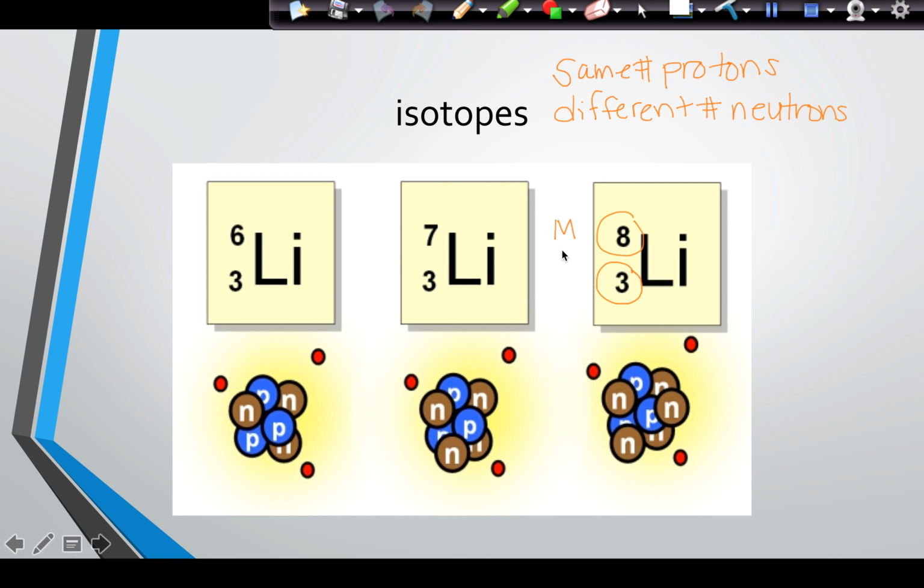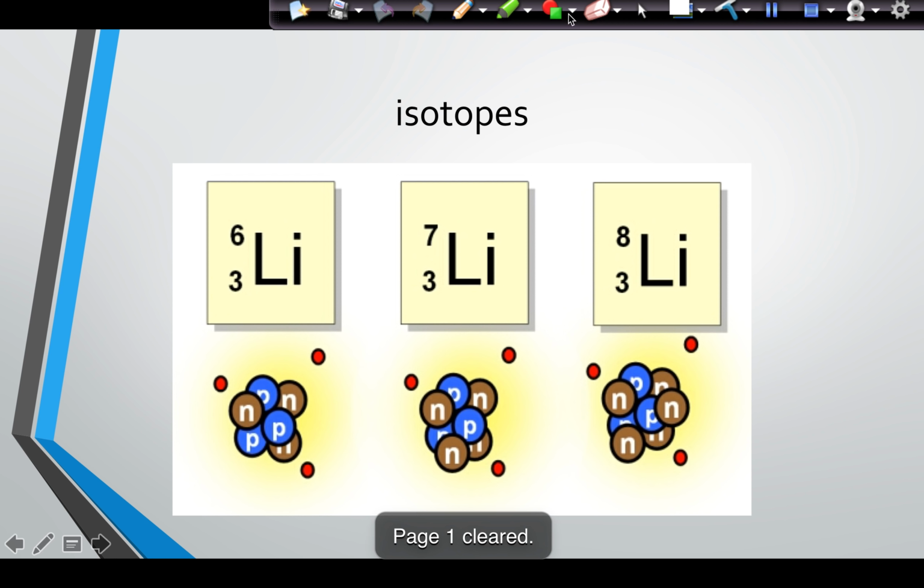The mass number is protons plus neutrons, minus the atomic number, which is protons only, gives us the number of neutrons. So this one here has 5 neutrons, 4 neutrons, and 3 neutrons. So same atomic number, same number of protons, different numbers of neutrons makes these isotopes of each other.